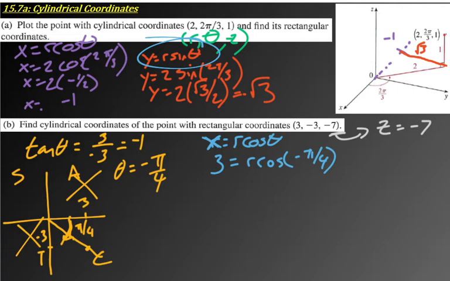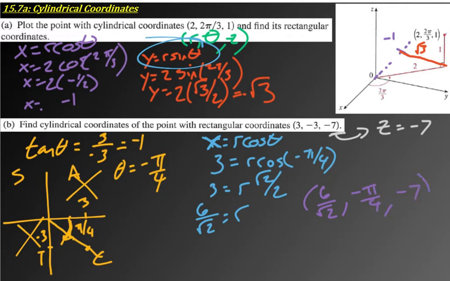Cosine of negative pi over 4 is root 2 over 2. So we have 3 equals r root 2 over 2, and then you can move things around. You get 6 over root 2 is r. So one cylindrical coordinate for this point would be 6 over root 2, negative pi over 4, negative 7.